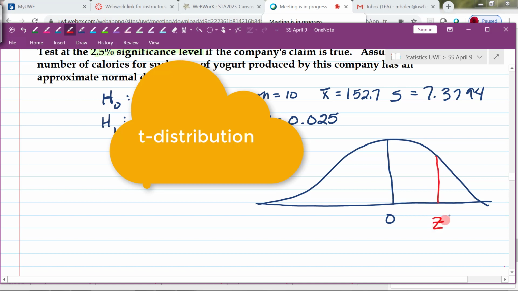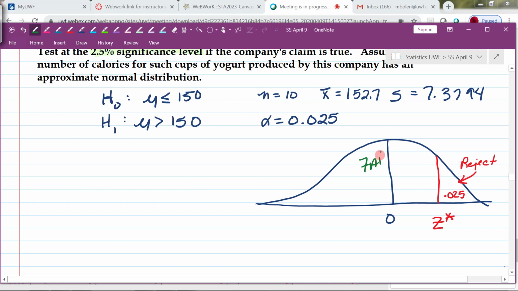It's going to be on the right-hand side because I have a right tail test. Remember, in the alternative hypothesis, it points and tells you which end we're looking at. And so it's 0.025, and this is going to be our reject area. And this right here is my fail to reject.